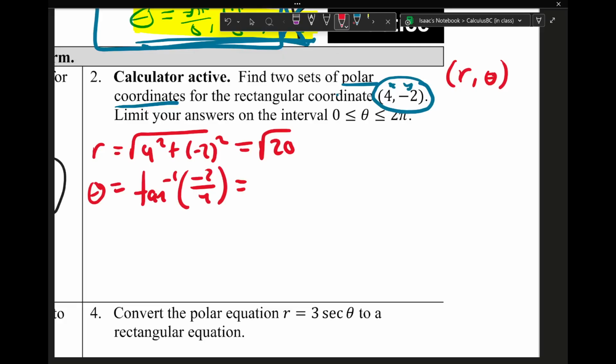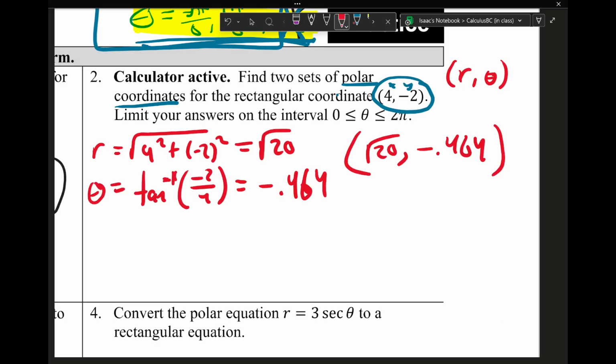So you would need to make sure your calculator's in radian mode, throw this in your calculator, and you get this. Now, inverse trig functions are mathematically really only defined in radians anyway, which we need to be in radians. So make sure your calculator's in radians, otherwise it's going to throw some other number at you that doesn't mean much. So does that mean that one of the answers was square root of 20 comma -0.464?